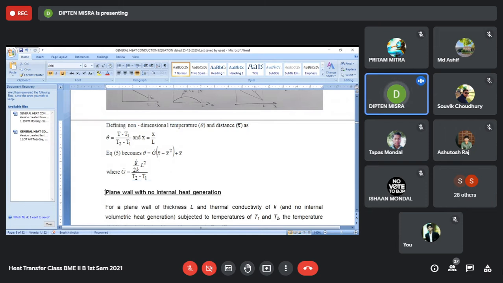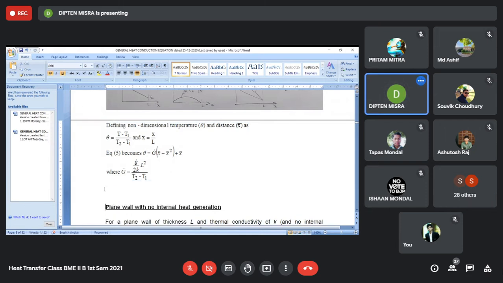but I take a problem like this, that say that heat generation is equal to, suppose, 200 watt per meter cube. T1 is equal to, suppose, 100 degrees centigrade.